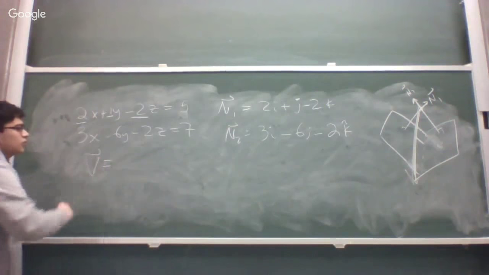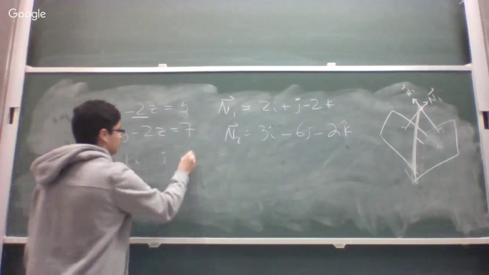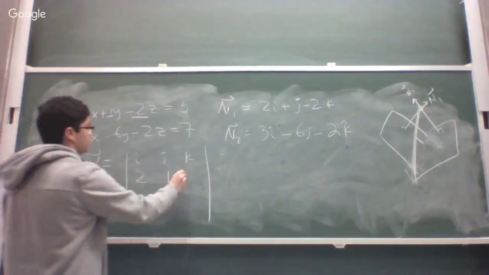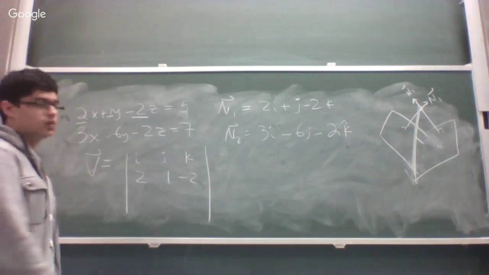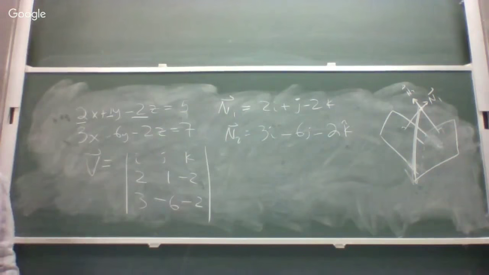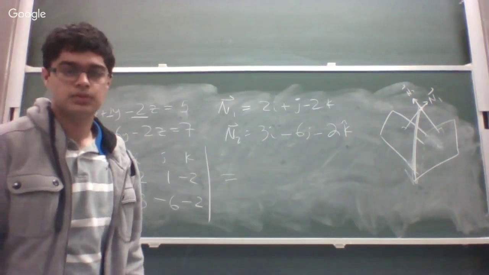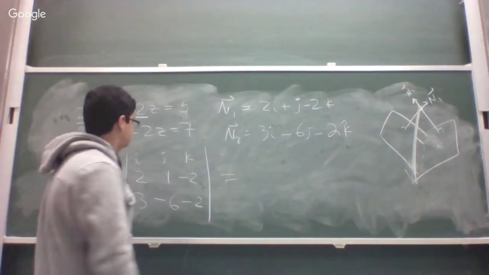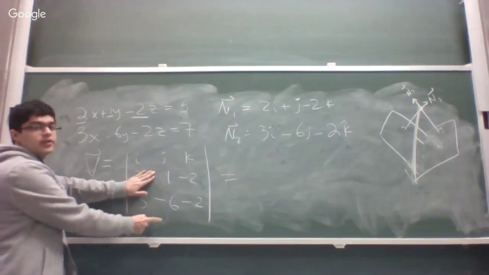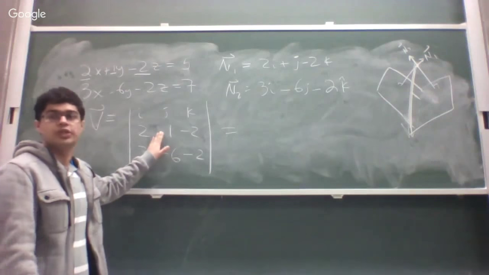So that vector is equal to the cross product of them. So I'll just do that. Then we have 2, 1, minus 2 and 3, minus 6, minus 2. You block these two out. Minus 2 minus a negative 12.